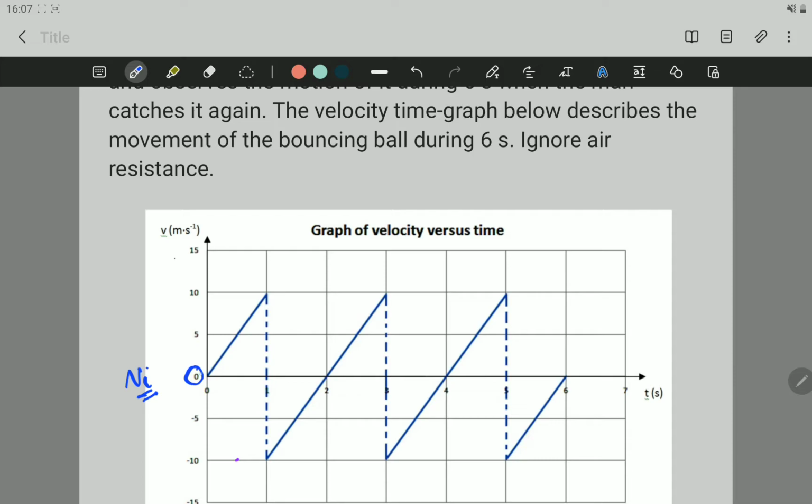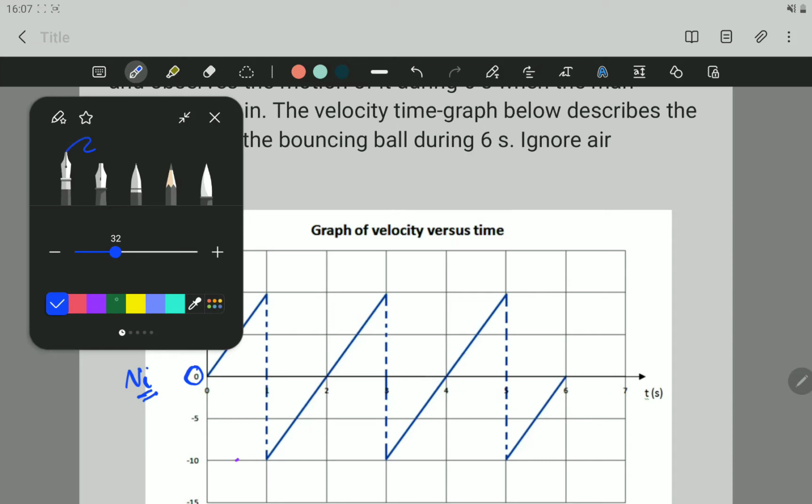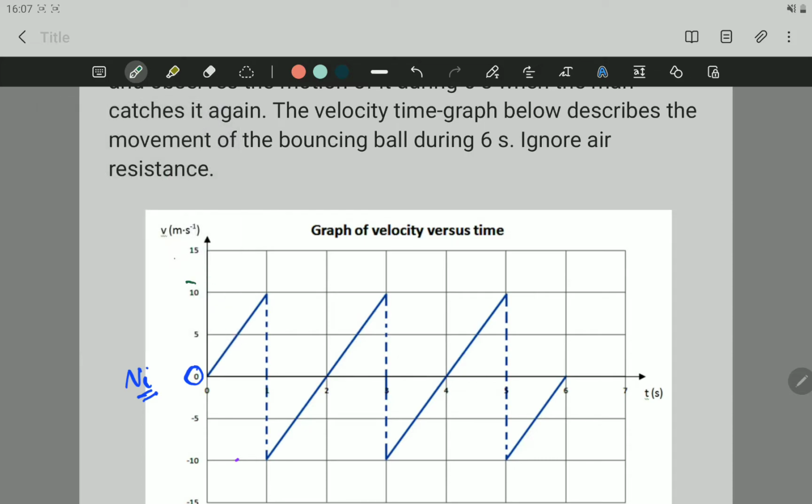Now the velocity of the ball is 0. Remember, the ball is being dropped and therefore it moves downwards. This 10 here is the velocity of the ball at which the ball reaches the ground.